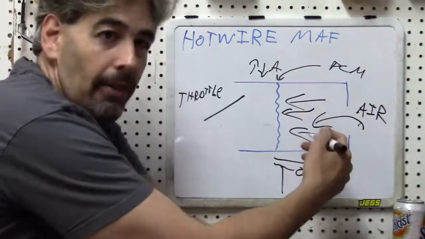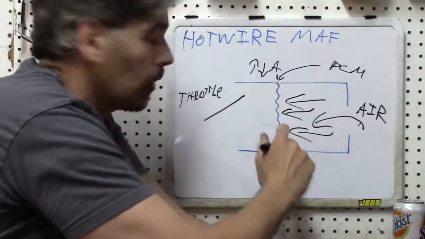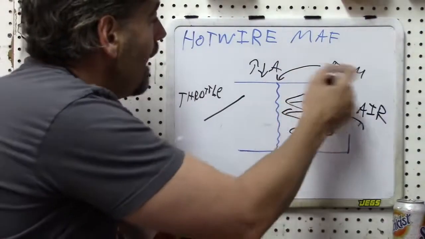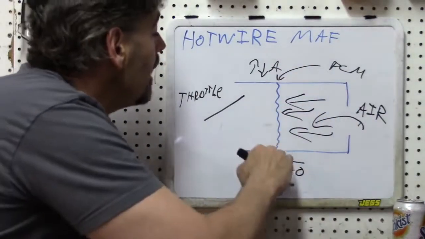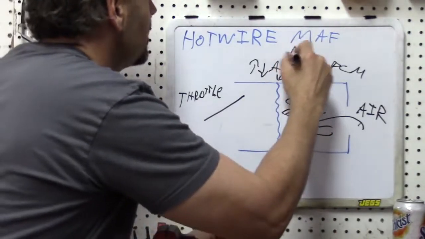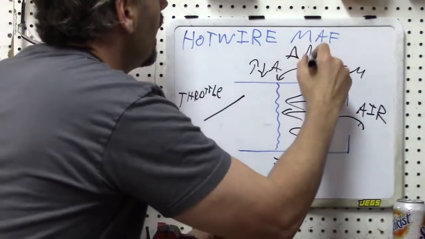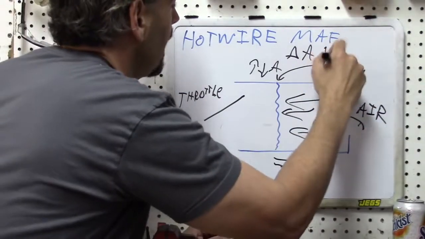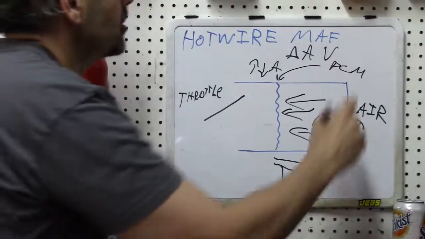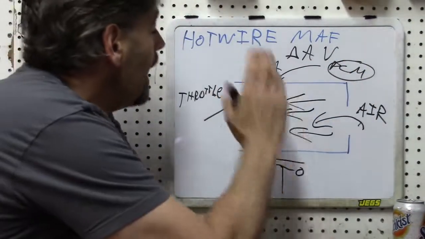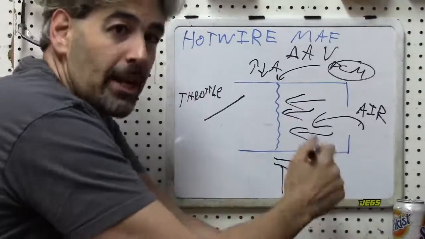Obviously, the more air that comes in, the cooler that wire would get, and more amperage would have to be delivered by the PCM in order to bring it up to the temperature. That change, or delta, in the amperage, which is also controlled, of course, by voltage, that change tells the PCM through an algorithm how much air must be coming past there.